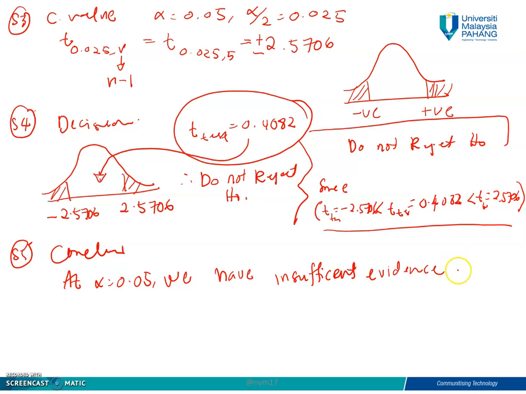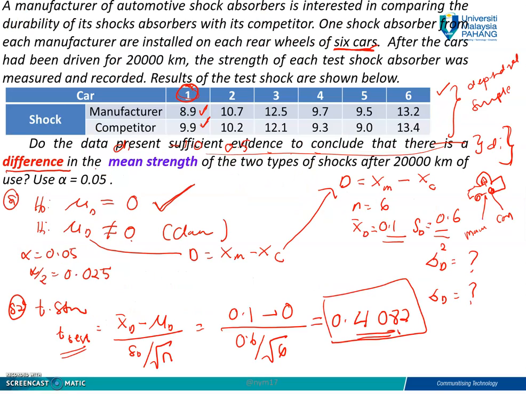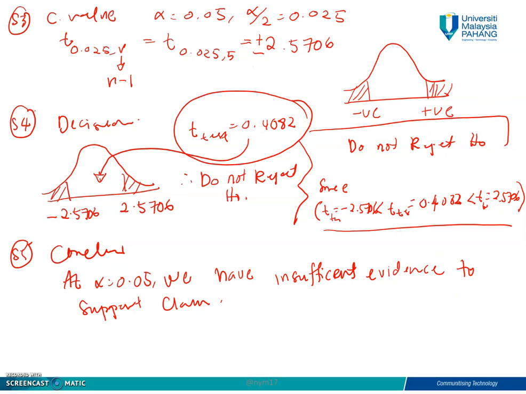We have insufficient evidence to support the claim, because you reject the claim, because we accept H null. So that's all for the solution.